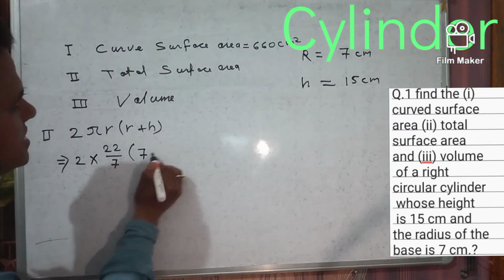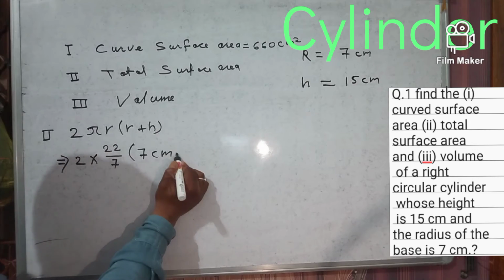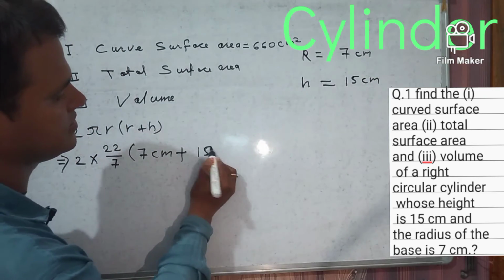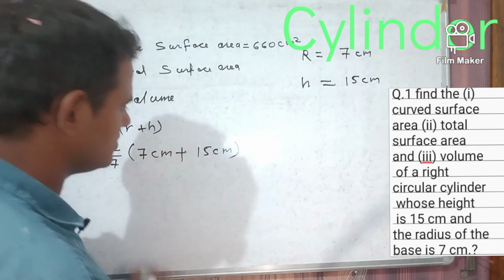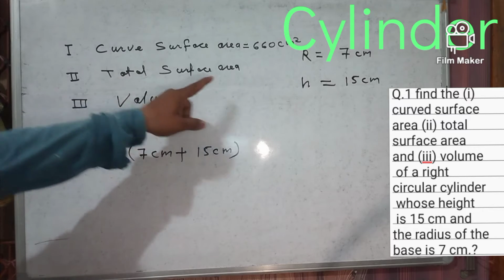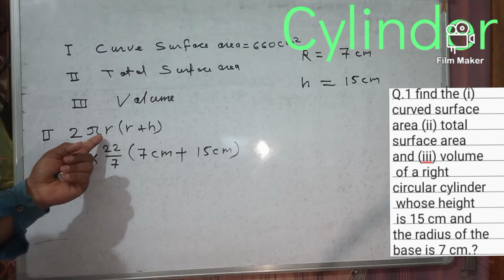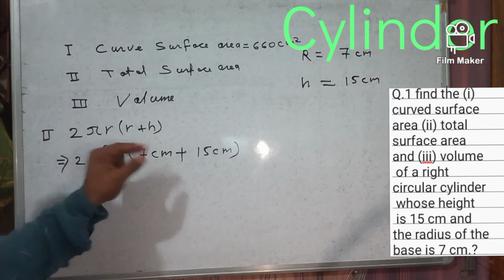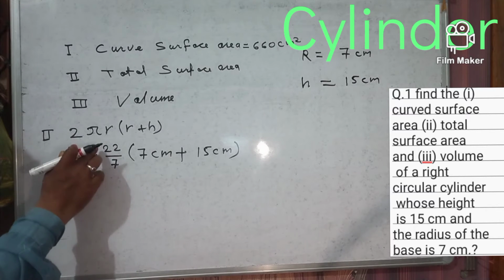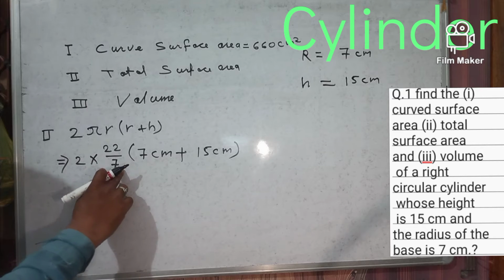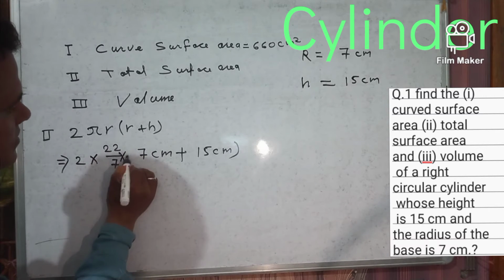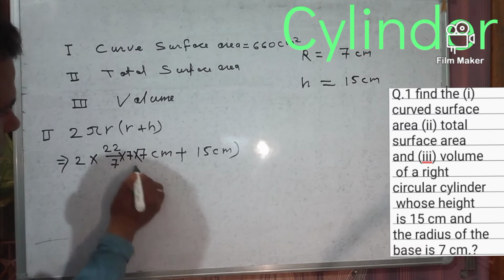So 7 centimeter plus height 15 centimeter. Okay. Total surface area formula is 2 into pi into r plus h. So 2 into pi means 22 by 7 into r, sorry, here will be 7. Okay.